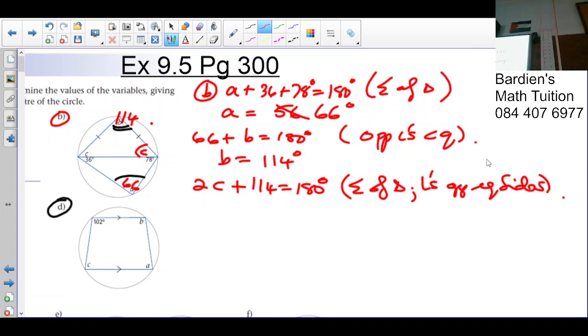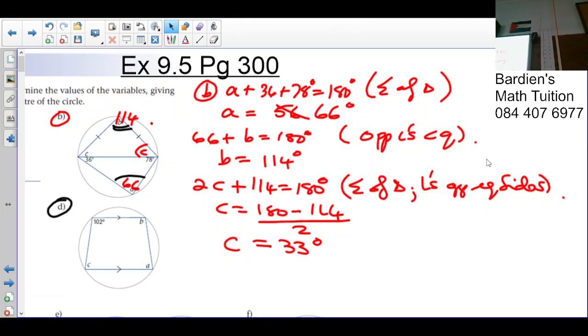Since we used both, I must say both. If you leave one of them out, you're going to lose the reason mark. Okay? So we got C is equal to 180 minus 114 divided by 2, which gives us 33 degrees. Is that correct? Right. Any confusion there? Am I moving too fast? No, okay.